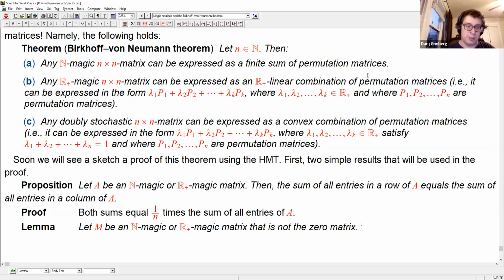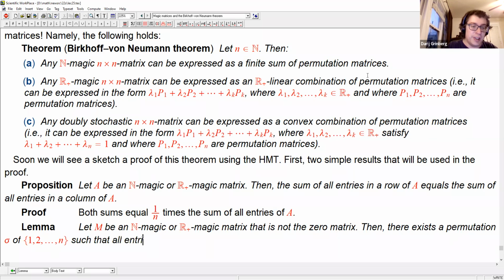Okay, so let M be an n magic matrix, not the zero matrix, or an R plus one. Then there exists a permutation sigma of the set 1 up to n, such that all entries M1 sigma 1, M2 sigma 2, ..., Mn sigma n are non-zero. And of course, non-zero means positive because they're non-negative.